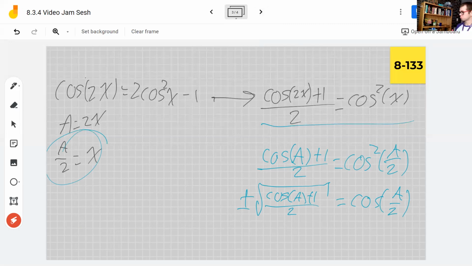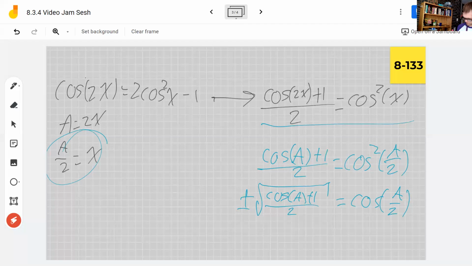Now let's do this for sine using the other cosine identity. So we have cosine of 2x equals 1 minus 2 sine squared of x. So if we do the same thing we did, we can subtract 1, divide by -2, which will give us, let's see, cosine of 2x minus 1 over -2 equals sine squared of x.